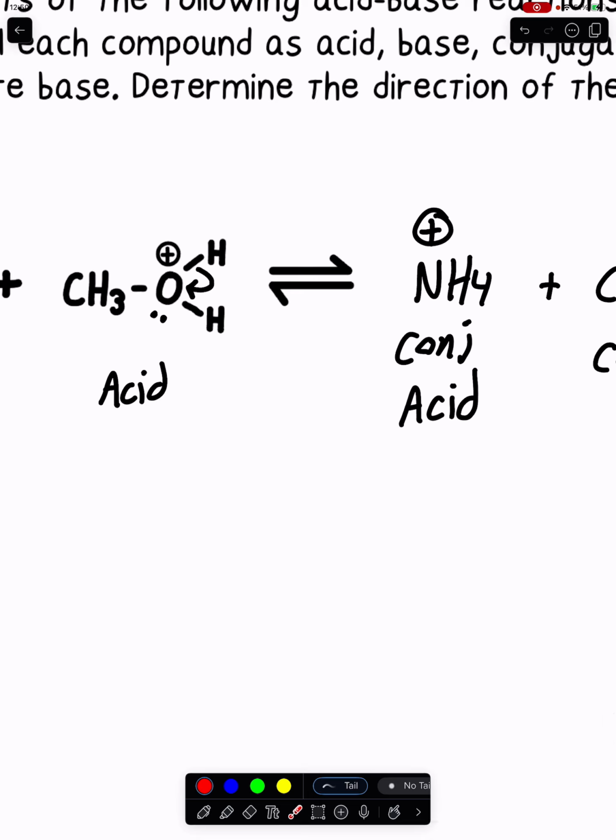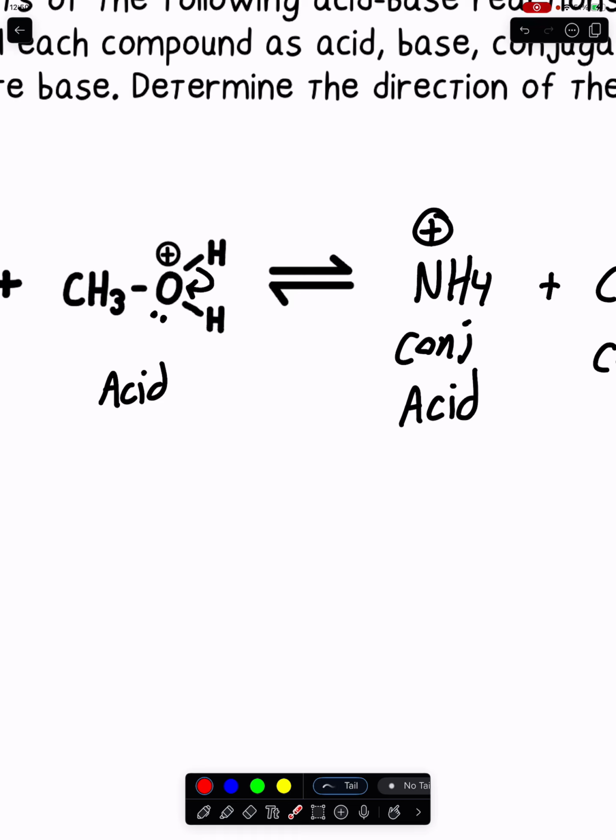All right, so let's look at these two species here. They both have a unit of positive charge. One has a unit of positive charge on the nitrogen, and the other has that unit of positive charge on the oxygen. So we're going to figure out which one's more stable here, positive charge on nitrogen or oxygen. Oxygen's more electronegative than nitrogen. That means typically oxygen handles negative charge better, which means when something's more electronegative, it handles positive charge very poorly.